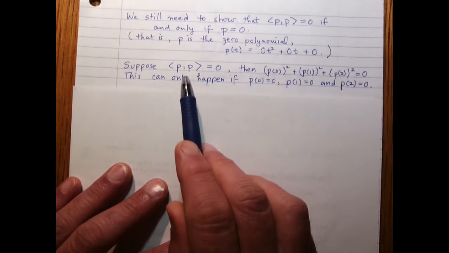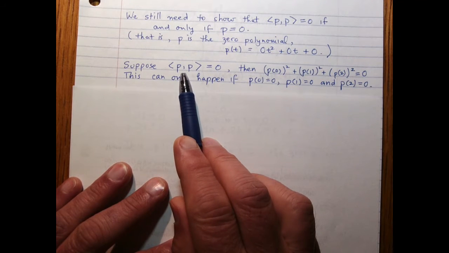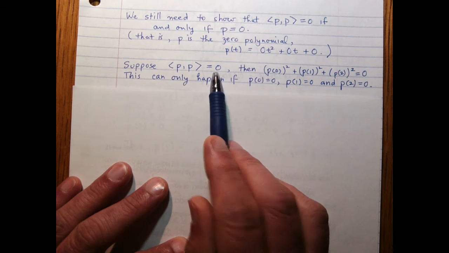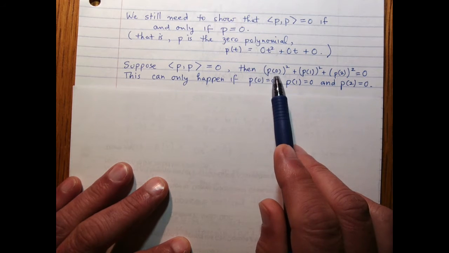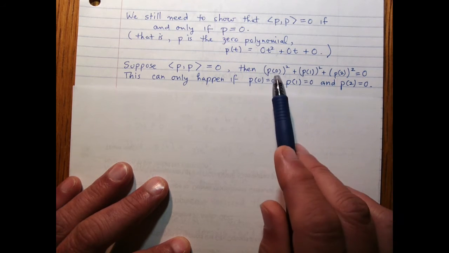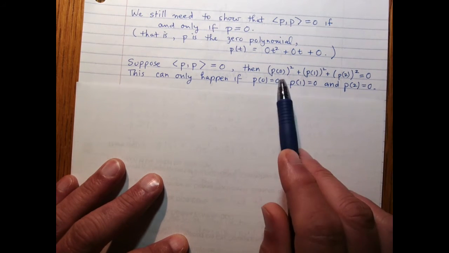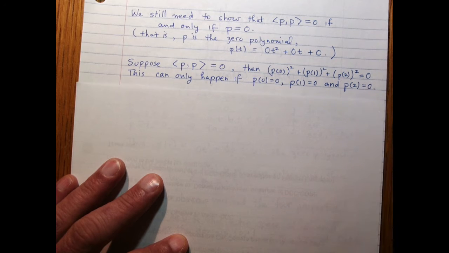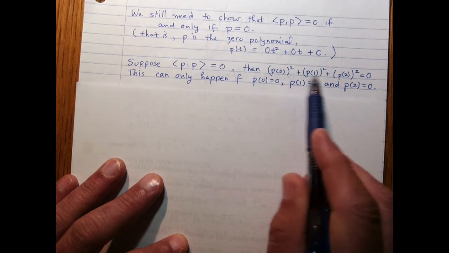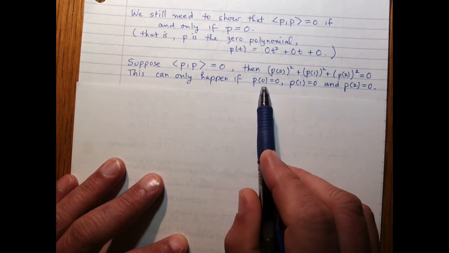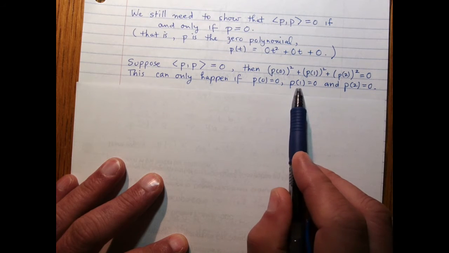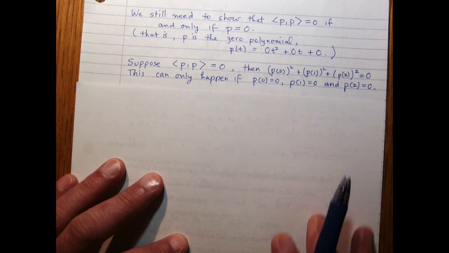So let's just think about what this would mean if the inner product of p with itself is 0. Then p of 0 squared plus p of 1 squared plus p of 2 squared is 0. A sum of squares has to be equal to 0. The only way that could happen is if all three of p of 0, p of 1, and p of 2 are all equal to 0.